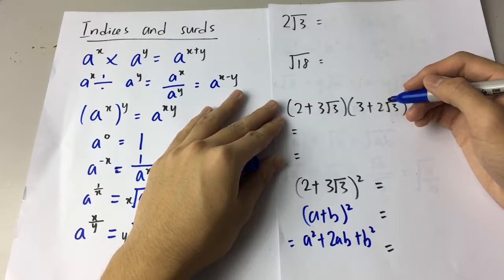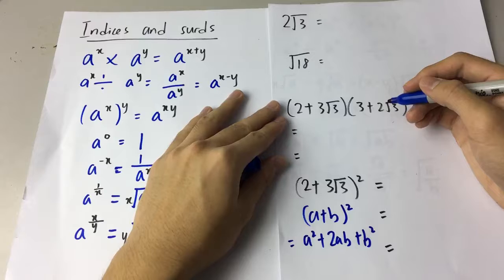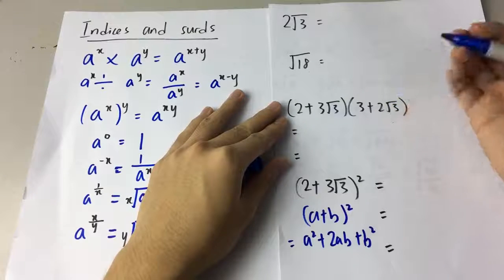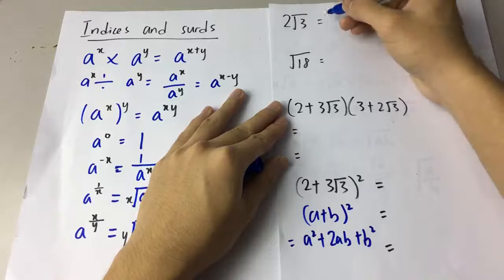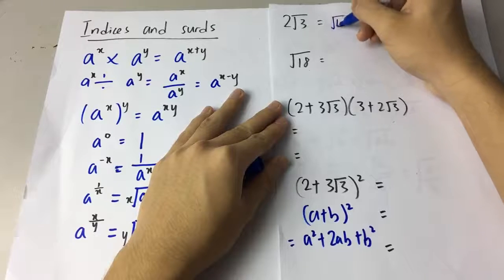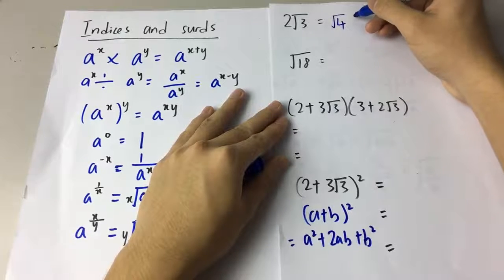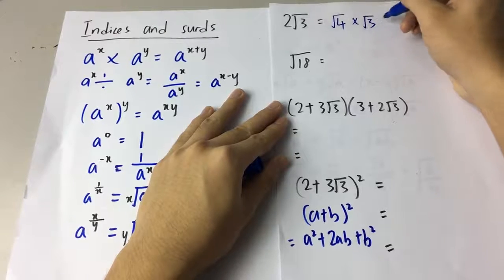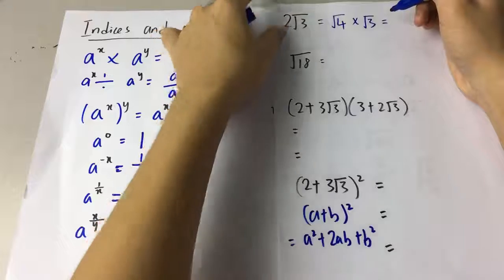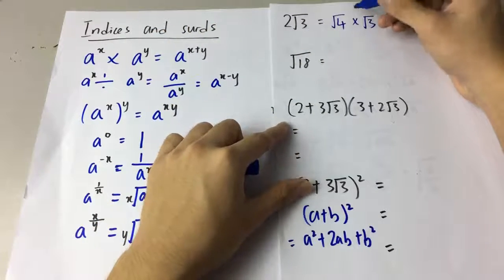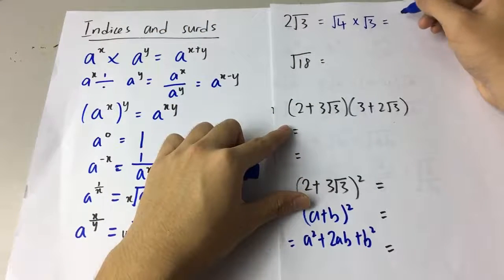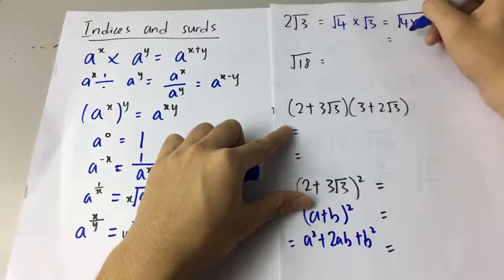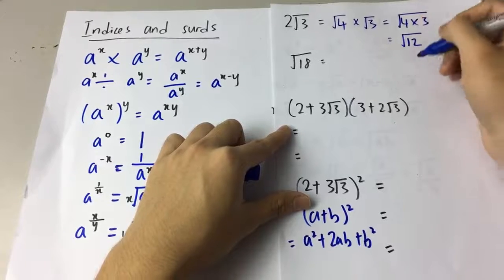What if now we want to write it as a single root? Normally he won't ask you, but I will show you. So 2 is equal to root 4, as you guys know, times root 3. Using the formula just now, the root properties, you can times 4 times 3 together. You get root 12.